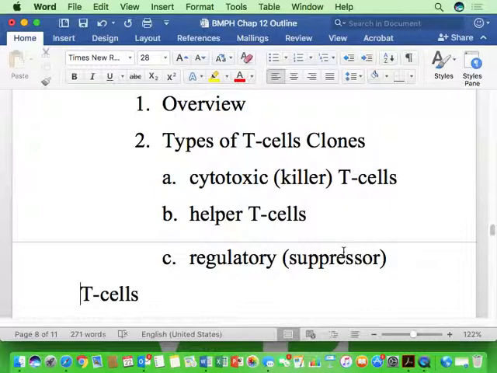So they're suppressing the immune system after this foreign invasion has been defeated. And so this is going to stop any unwanted immune activity.